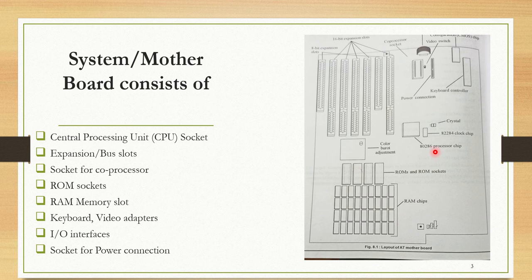There will be other controllers, something like USB port controller. Then HDMI port. Nowadays HDMI ports are there. These are not shown in this diagram, but they will also be available on today's motherboard.